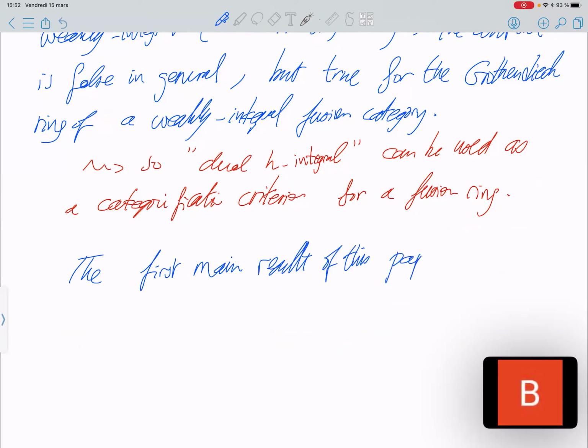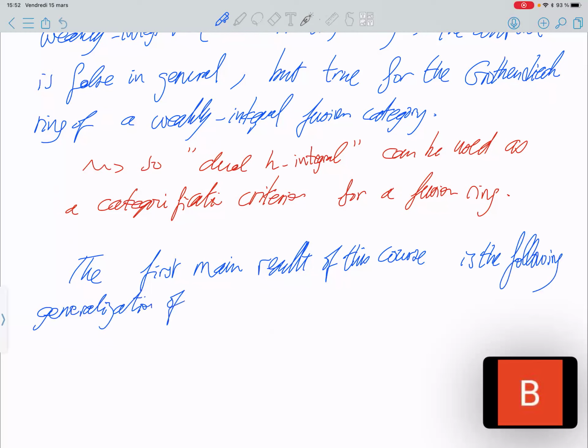For this paper in this course, I cover a paper, but I should say the course is the following. Generalization of Burnside result.